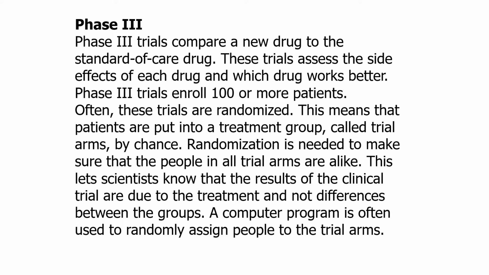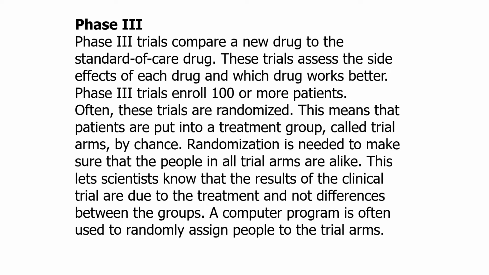Phase 3 compares a new drug to the standard of care drug. These trials will assess the side effects of each drug and which drug works best. They enroll 100 or more patients, and assignment is randomized. It means that patients are put into treatment groups called trial arms by chance.